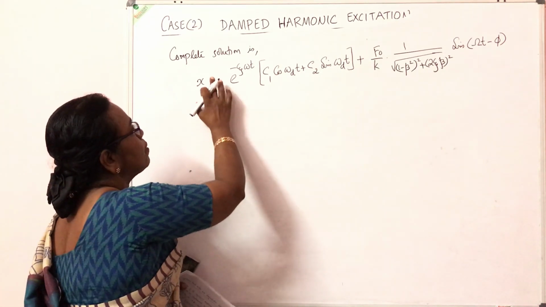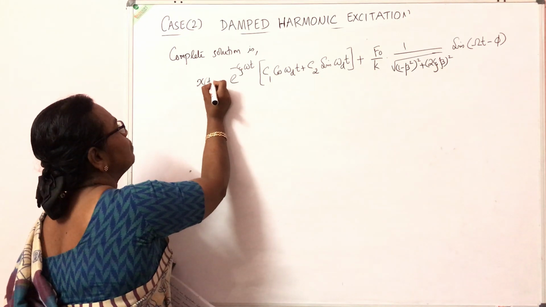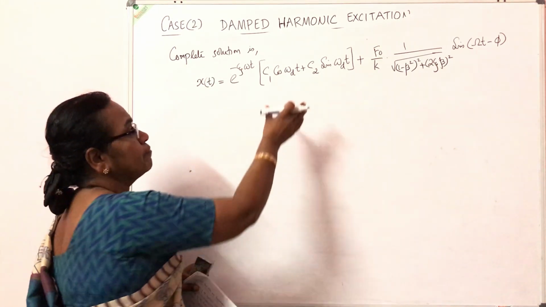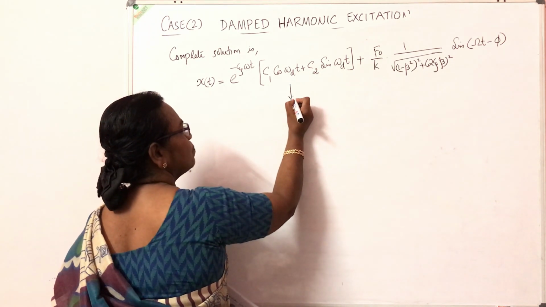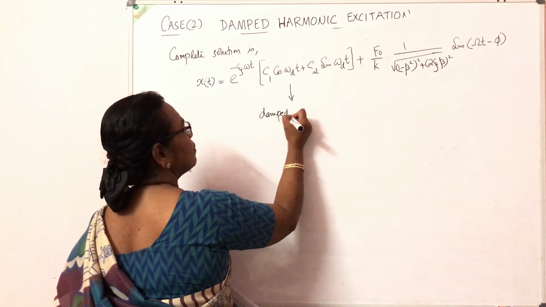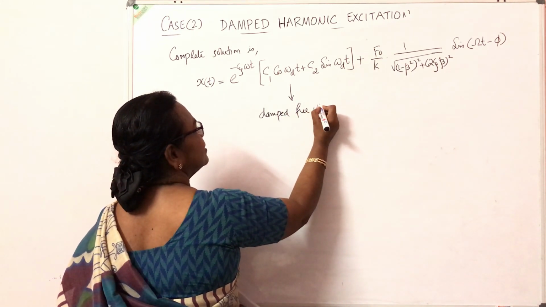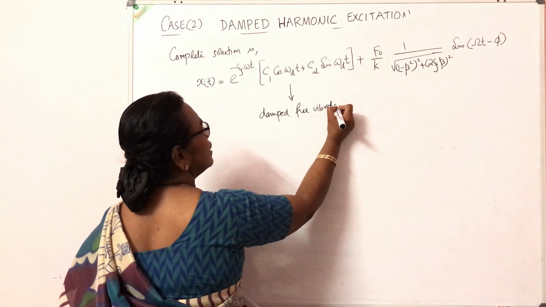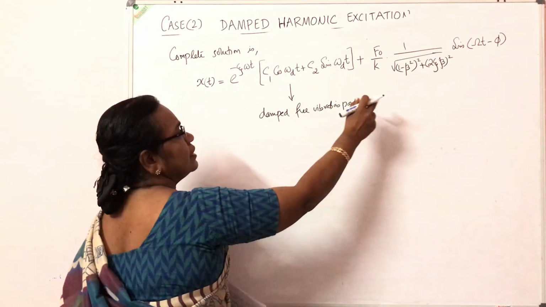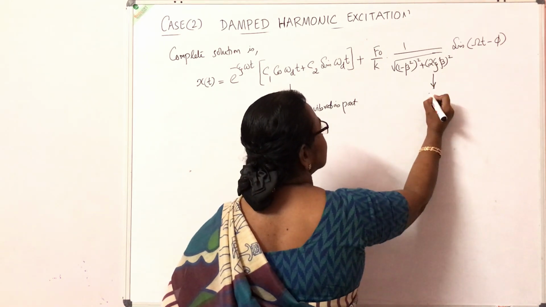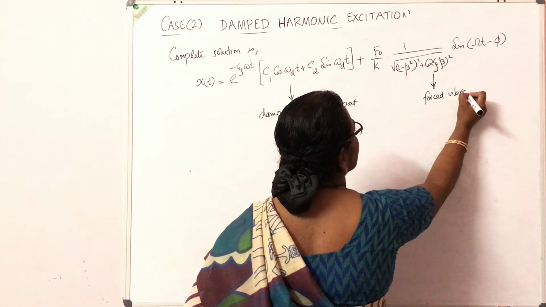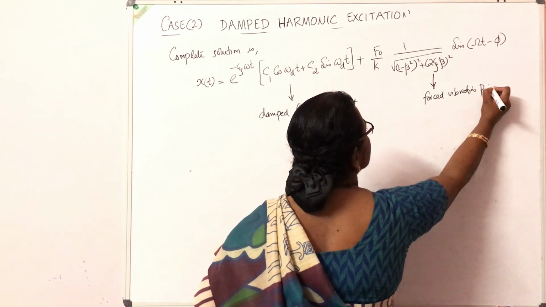So the total response of a damped harmonic excitation will contain two parts. The first part corresponds to the damped free vibration part, which we have derived. And the second term corresponds to the forcing function frequency, or we call it the forced vibration part.